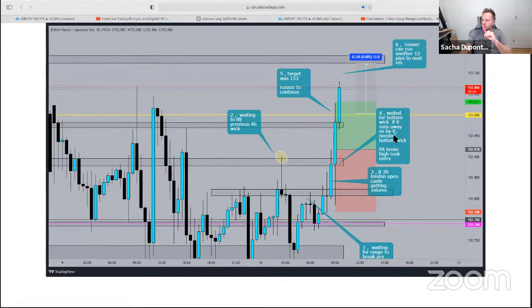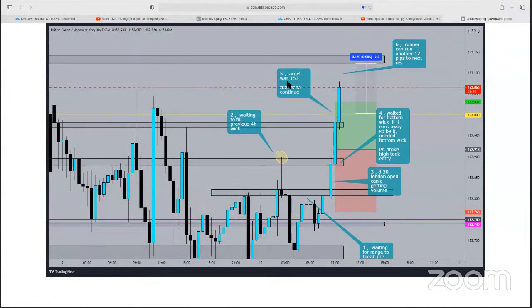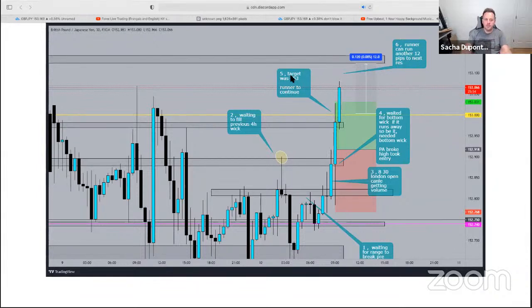If it runs away, so be it. Needed bottom wick. Price action broke high, took entry. Excellent. Smart. Excellent, Brian. That's pretty good, man. Target was 153. Runner to continue. Runner can run. Awesome. And very nice chart.